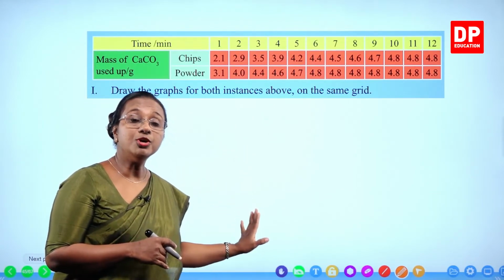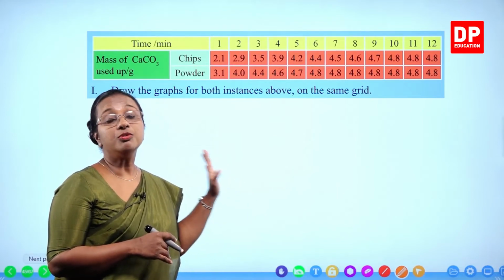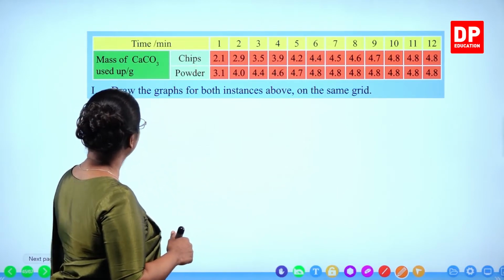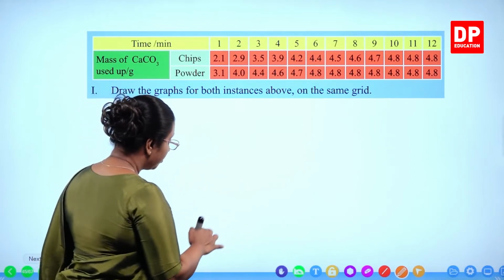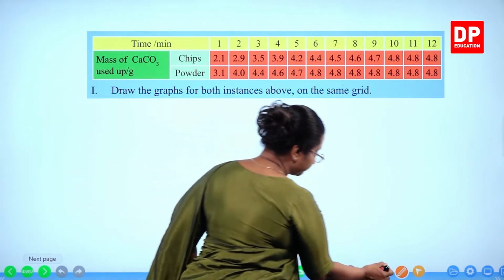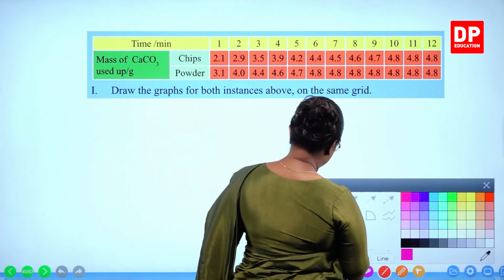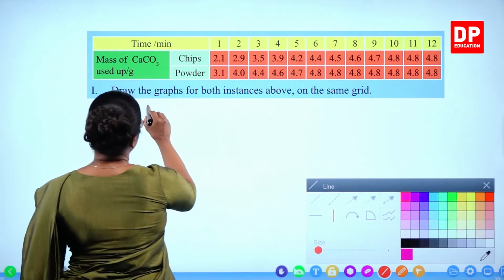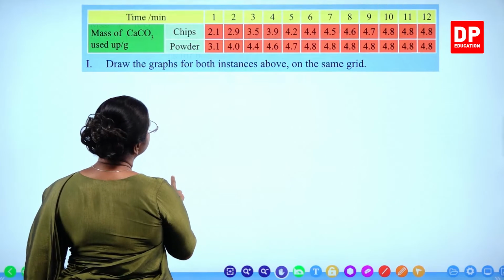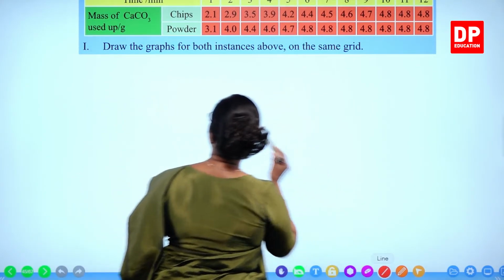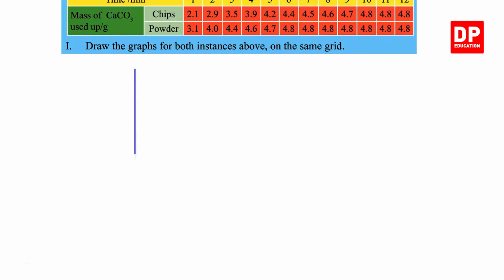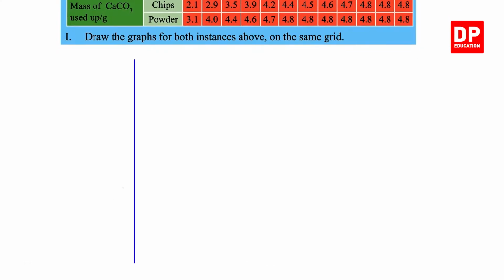Now we have to use a grid to draw the 2 graphs for the 2 instances. So how can we do that? Now I can use a line. So here I can draw this graph.